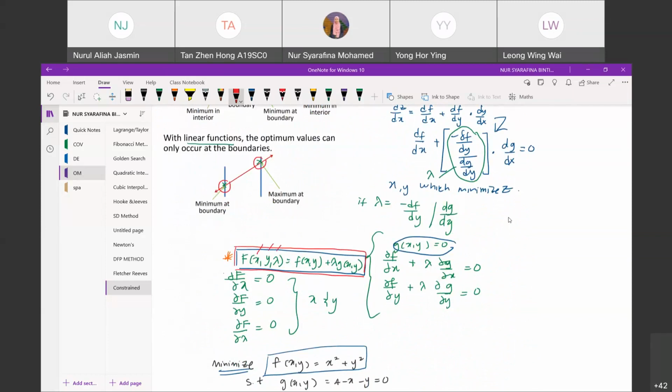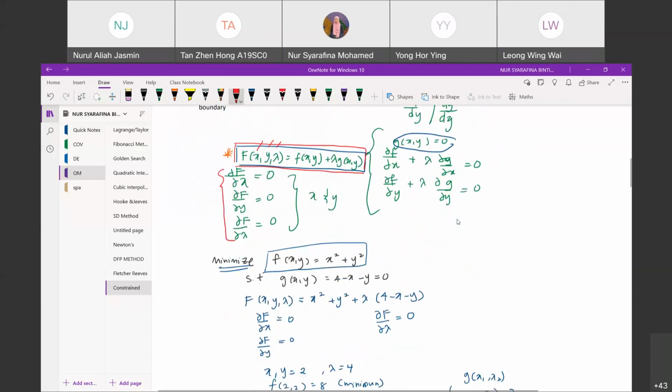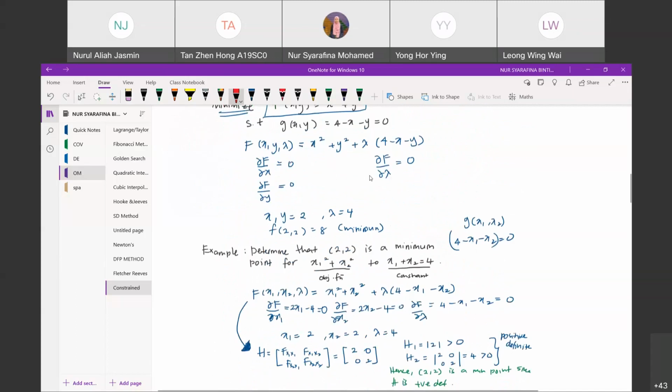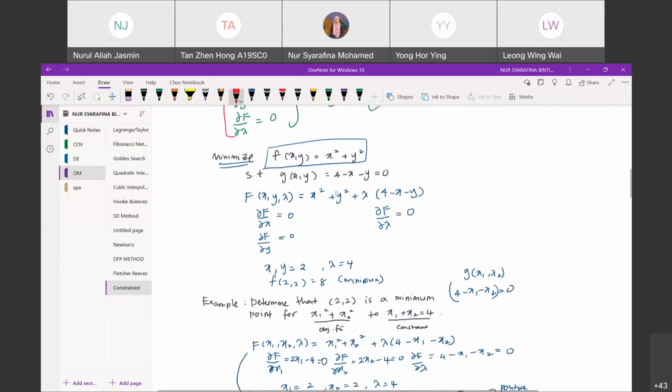Solving this will give you a maximum or minimum point which maximizes or minimizes the objective function. We have done this example where we want to minimize the function subject to the equality constraint. We substitute into the Lagrange multiplier and apply the Lagrange conditions to solve for the values of x, y, and lambda. Same with this example.